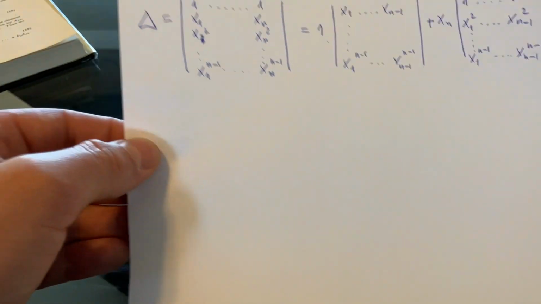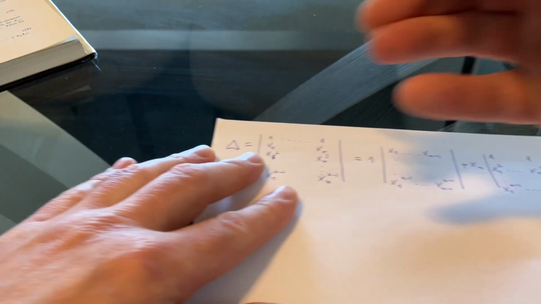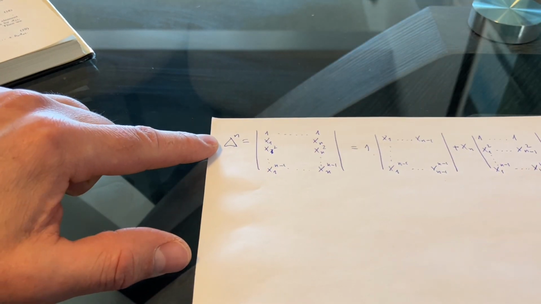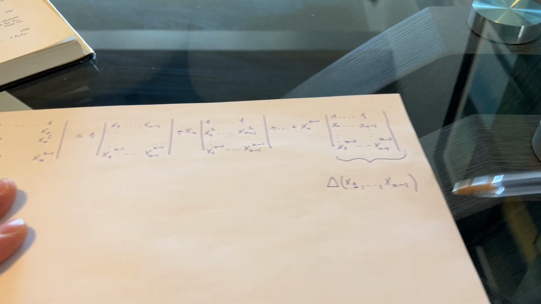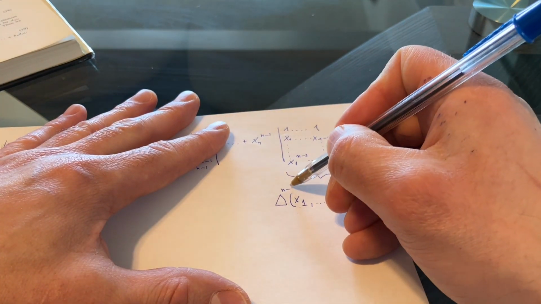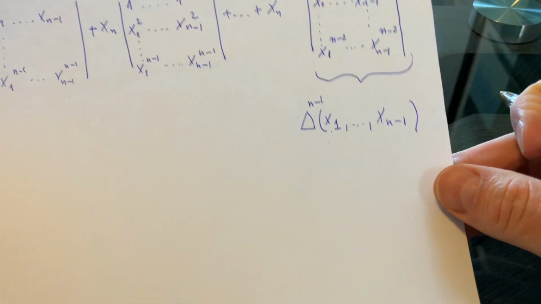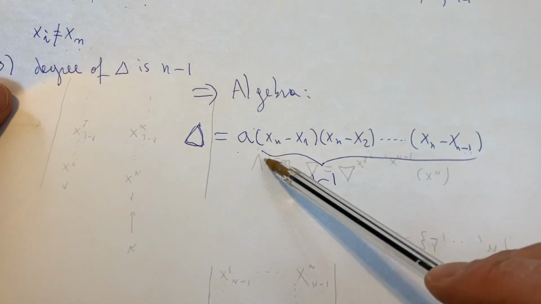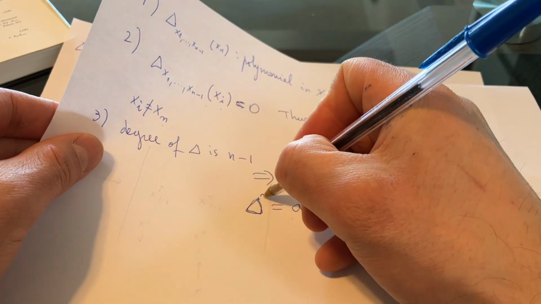So our delta, we can use a superscript here for the dimension. Our delta was of dimension n. This Vandermonde determinant here is of dimension n minus 1. We see that the term A is actually the leading coefficient of this polynomial.